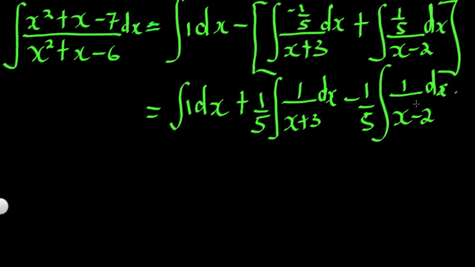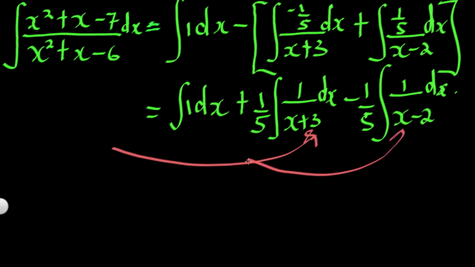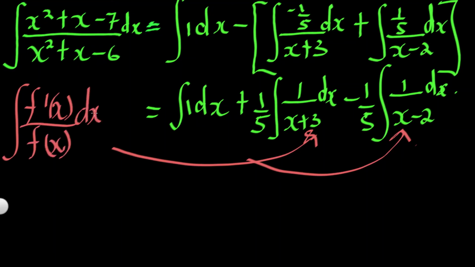Now, if you look at these two fractions, both of them are in the form integral of f prime of x over f of x. In other words, the numerator is the derivative of the denominator.